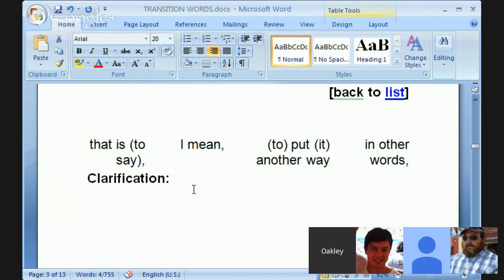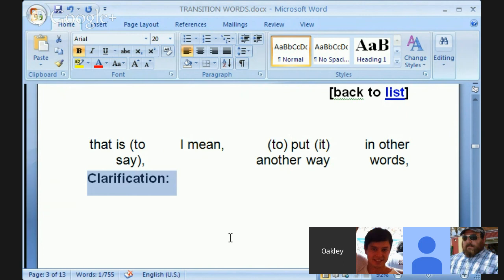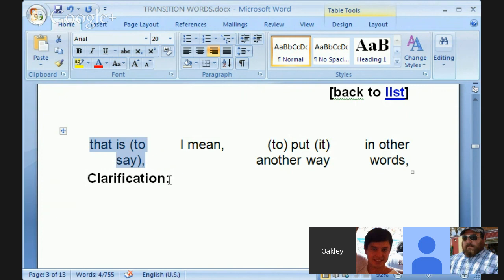All right, here is another area where English speakers do this all the time in normal spoken English. It's okay to do it in written English, but it's much more common to hear these phrases in spoken English. We do this all the time. So we're not sure if the listener understands us completely, so we clarify. That is to say, and we rephrase whatever we're saying in another way.